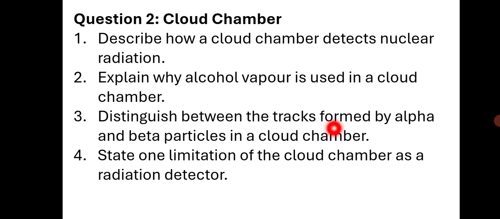Distinguish between the tracks formed by alpha and beta particles in a cloud chamber. Remember, for alpha radiation the tracks are short and thick, while for beta the tracks are long and thin. State 1 limitation of a cloud chamber as a radiation detector.